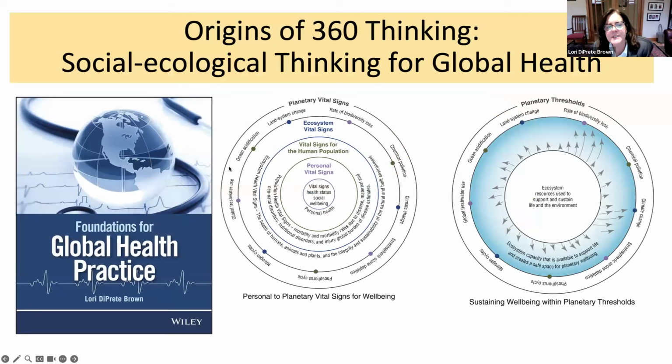Some of the origins of the 360 thinking come from global health teaching that I've been doing over the years, as well as some of these nested models for global health, where you see this little arrow here where you have personal health in the middle, and then we have our population health, and then we have these ecosystem health parameters, and that can be thought of as the Sustainable Development Goal indicators.